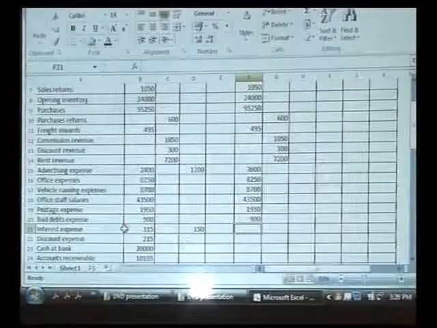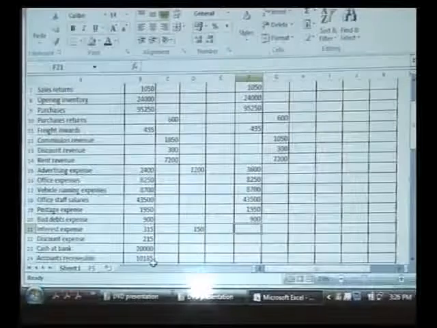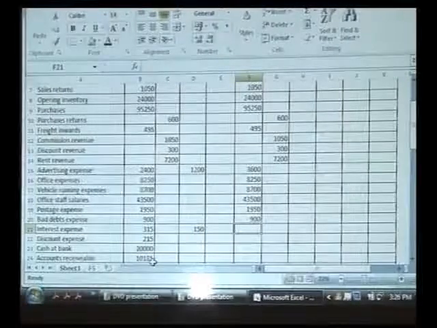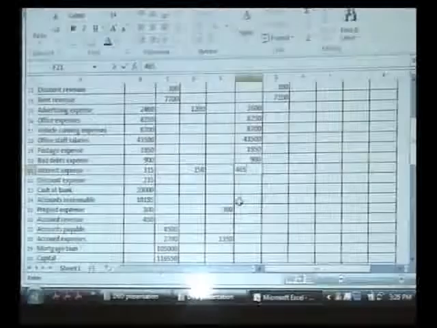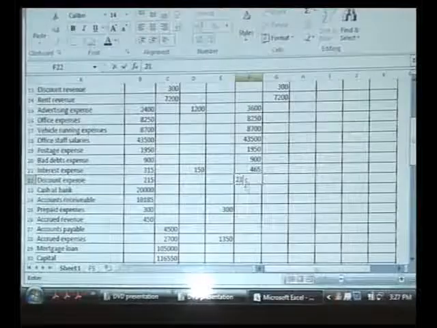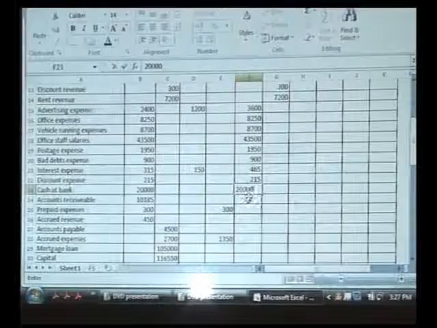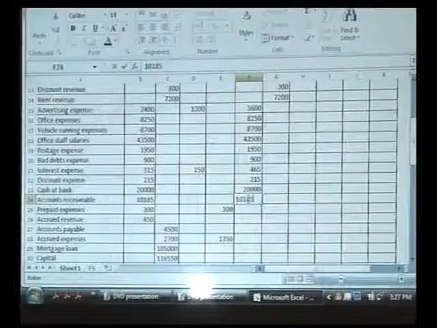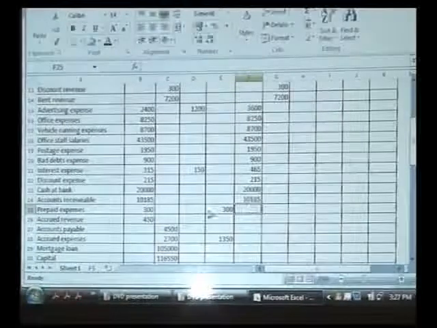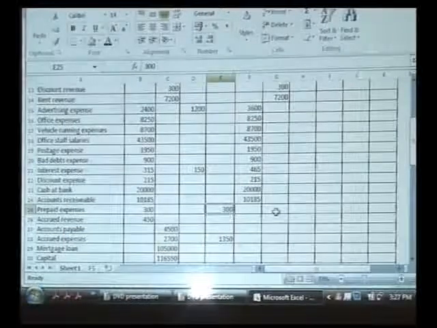Now here, interest expense 150 debit, that means 465 here. 215, no change. 20,000, no change. 10,000, 185, same. And here debit 300, credit 300, there is no balance.